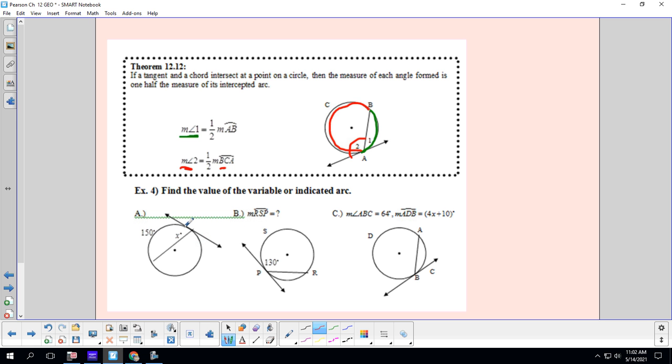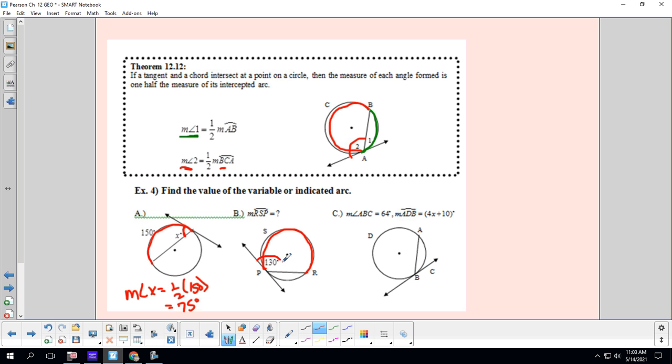All right, so we want to find x here. It's this angle. We intercept the arc. That is 150. So the measure of angle x is equal to 1/2 times 150. Half of 150 is 75. All right. We want to find the measure of arc RSP.